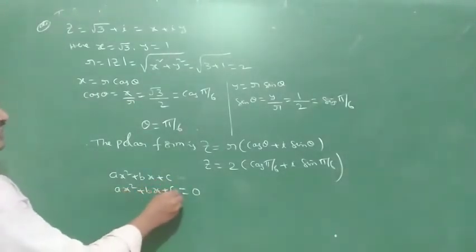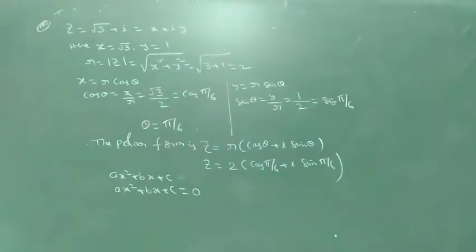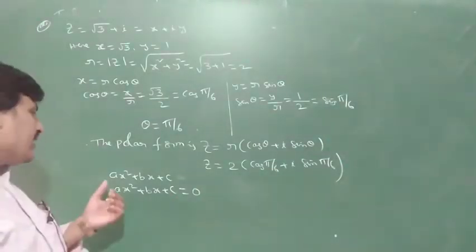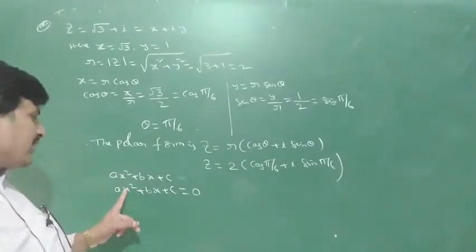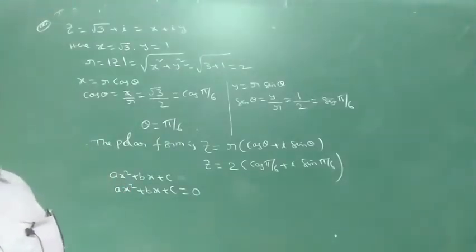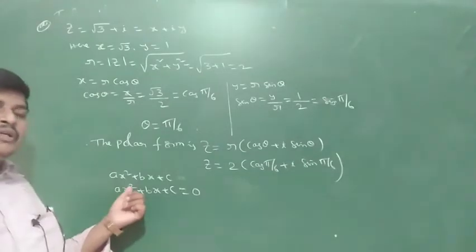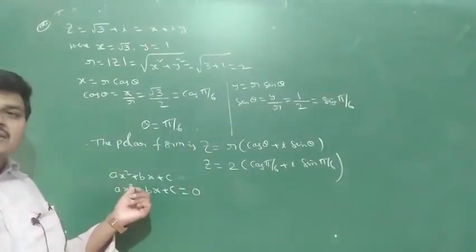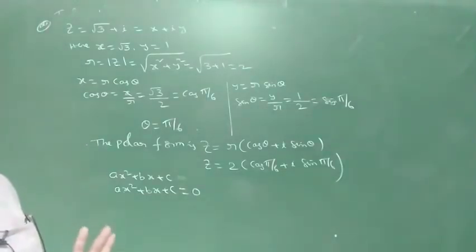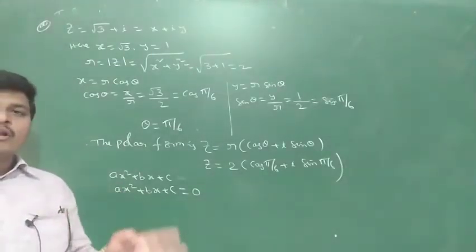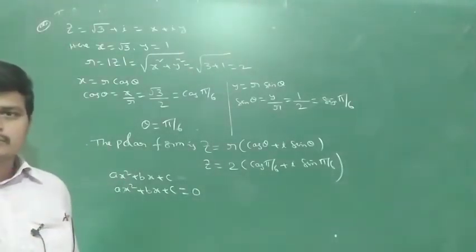Ax square plus bx plus c is equal to 0 is a quadratic equation. Quadratic expression or quadratic equation is of degree 2, because the highest power is x square. This is degree 2. A degree 2 polynomial has 2 roots, 2 solutions. A degree n polynomial has n roots.